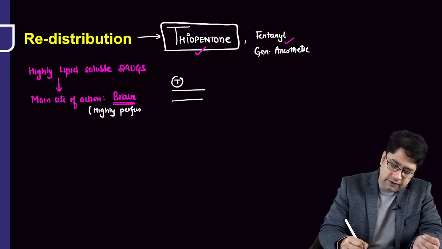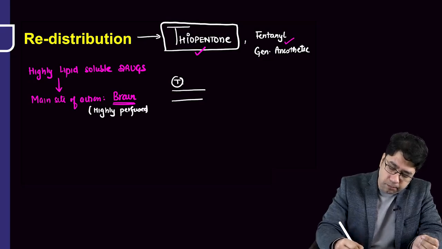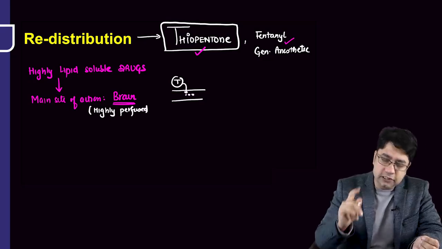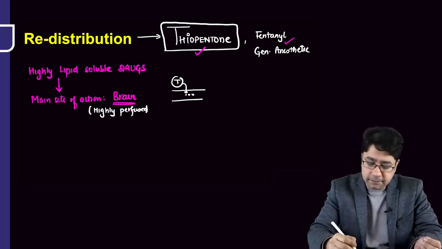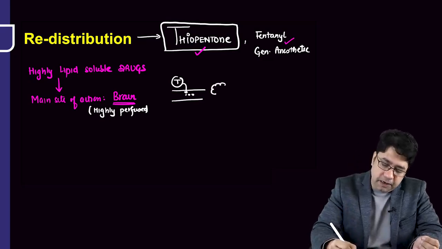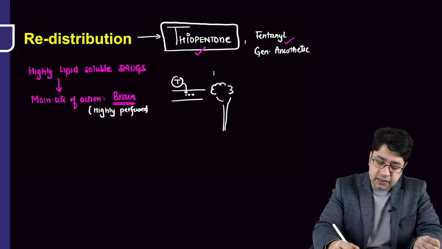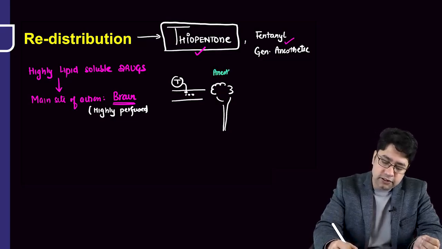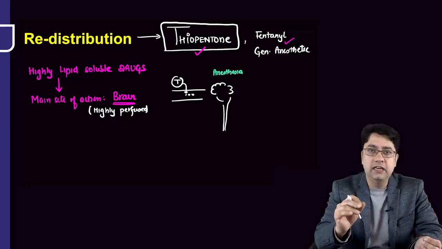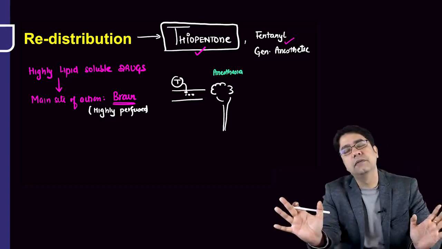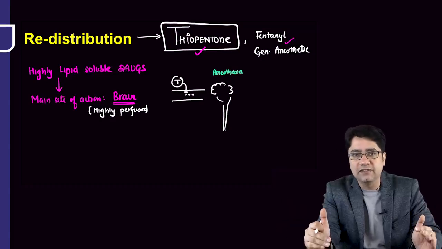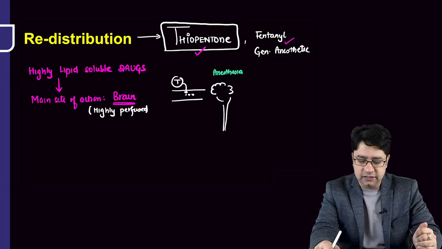So, as you have given thiopentone into blood, because brain receives more blood supply, first thiopentone will enter into the brain. And as it enters into the brain, the person will become unconscious. Within 2 to 5 minutes, the person becomes unconscious. That is why it is known as anesthetic agent.